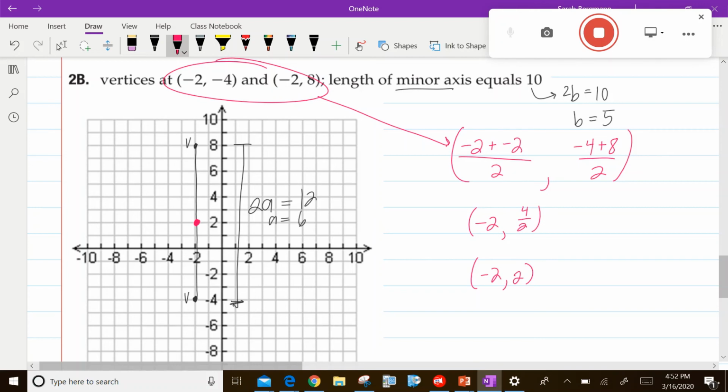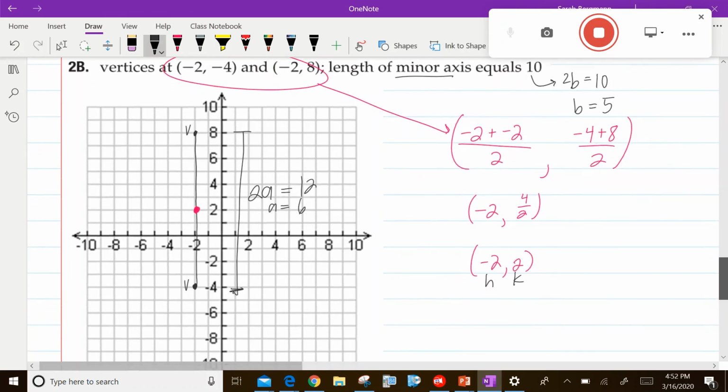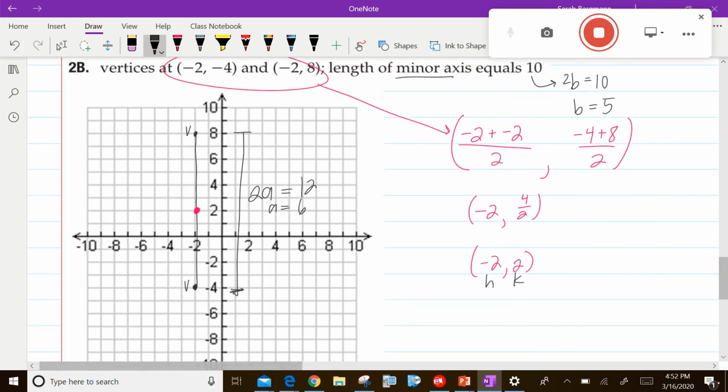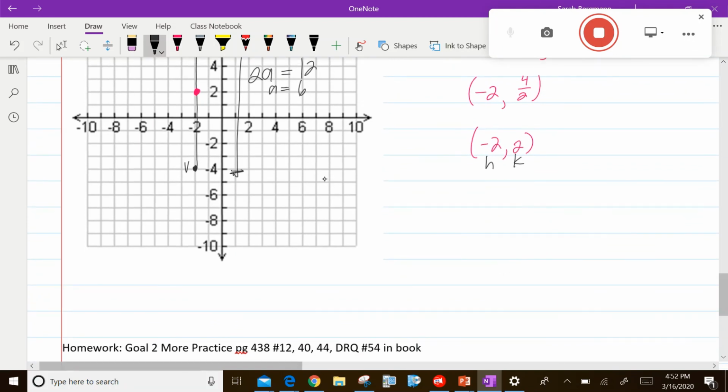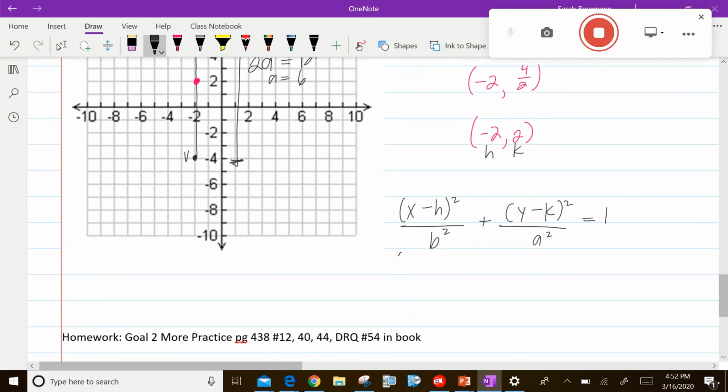All right, so now that I know my center point, I know my h and k value. Since my vertices are along a vertical line, I know this is a vertical ellipse, so I'm using the equation (x minus h) squared over b squared plus (y minus k) squared over a squared equals 1. Fill it in. x minus -2 squared over b squared.